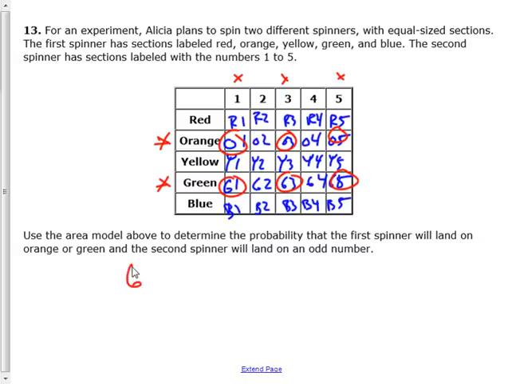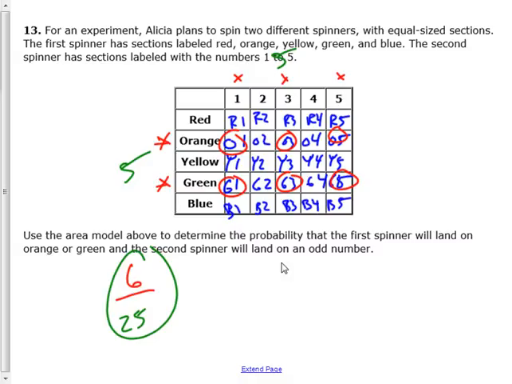So I have 6 that fit that category. Okay, now take a look here. We have 1, 2, 3, 4, 5, and I have 5 up here. So 5 times 5 is 25. So my probability of getting an orange or a green and an odd number is 6 out of 25.